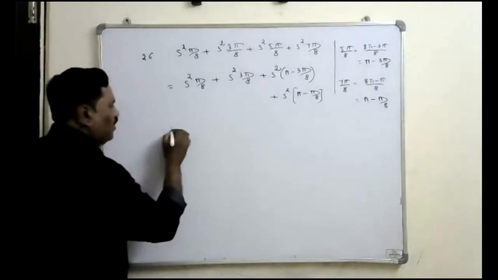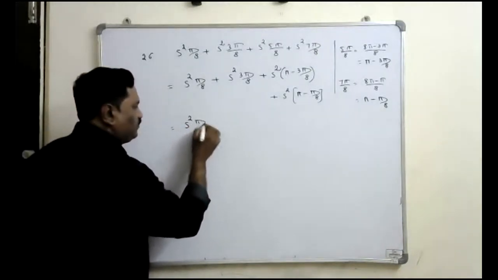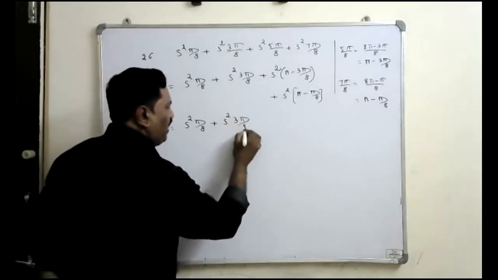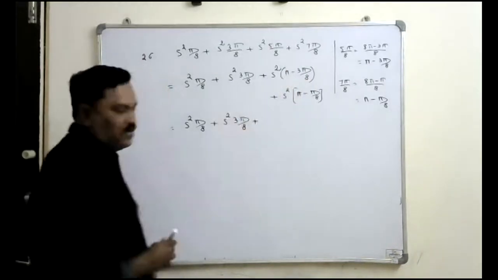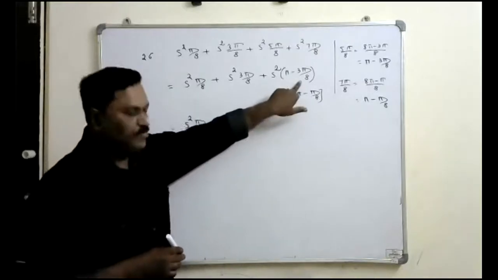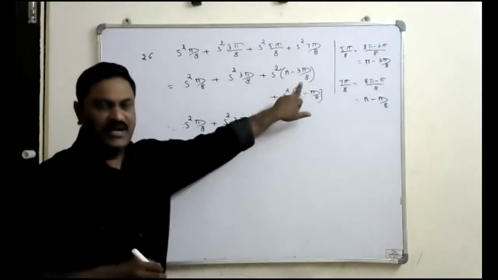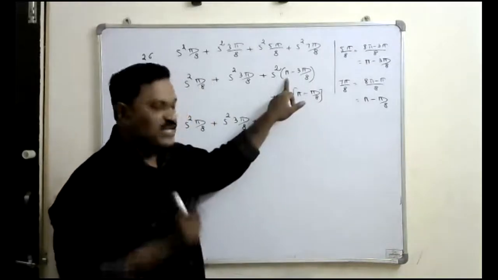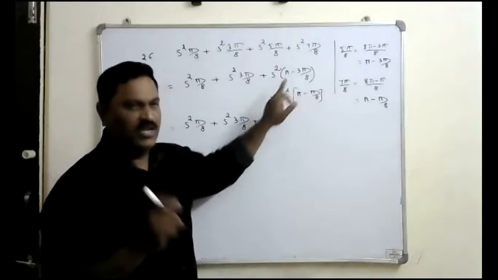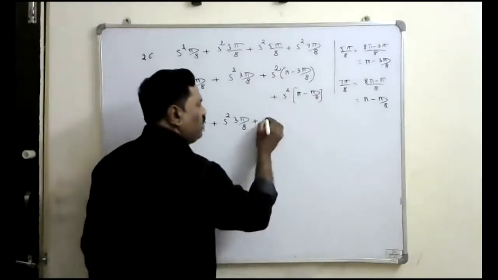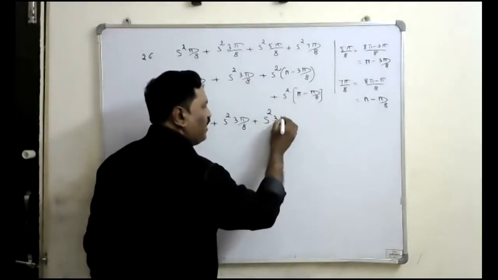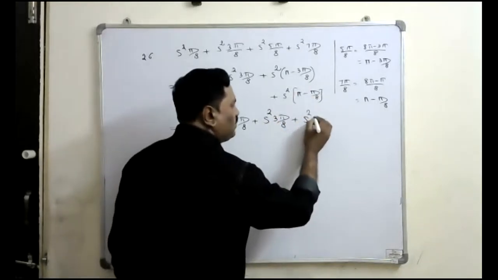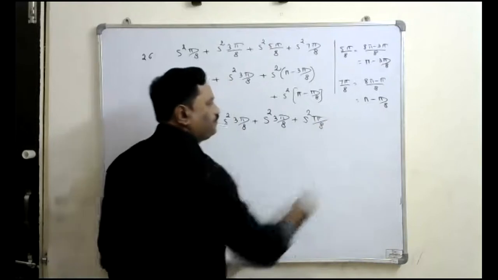Then it is sine square pi by 8 plus sine square 3 pi by 8 plus, if you observe this angle, which is in pi minus theta form, that is the angle of the second quadrant, sine is positive. Then since the angle is pi minus theta, sine becomes sine only. That's why this is equivalent to sine square 3 pi by 8, and this is equivalent to sine square pi by 8.